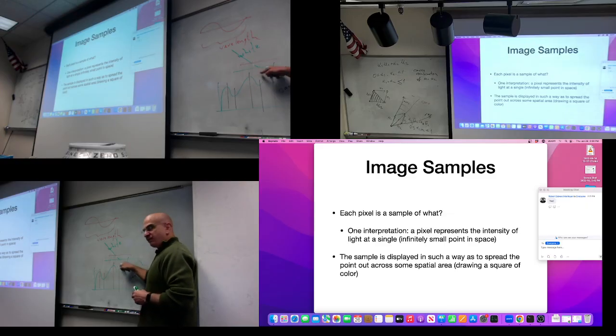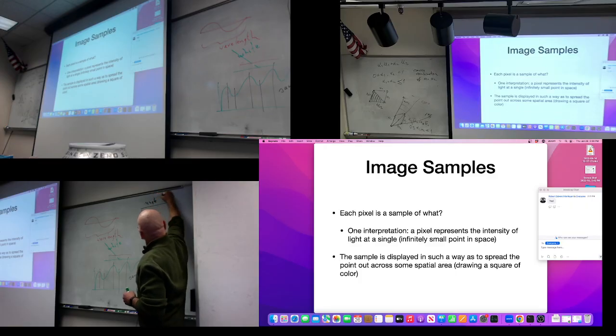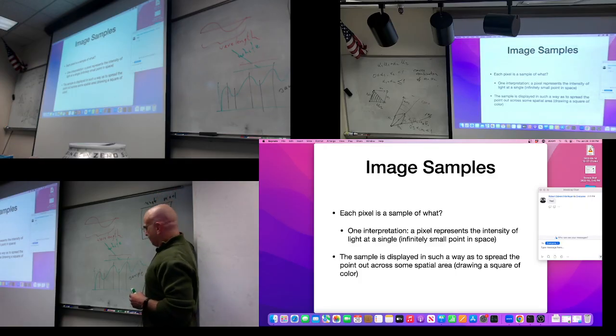of the whole function, which is a 2D function, intensity, RGB, in all three channels. My pixel I can now think about as a single pixel, where what I did is sample the color at the middle of the pixel.